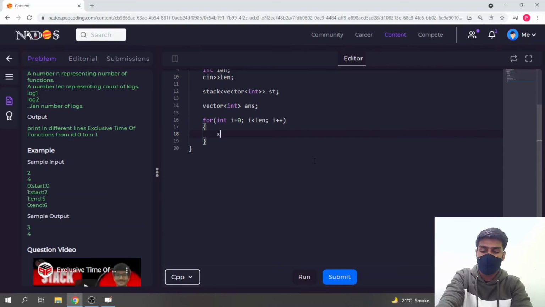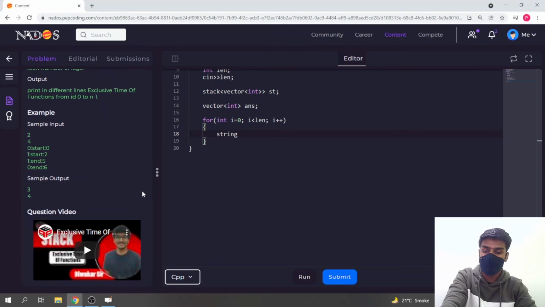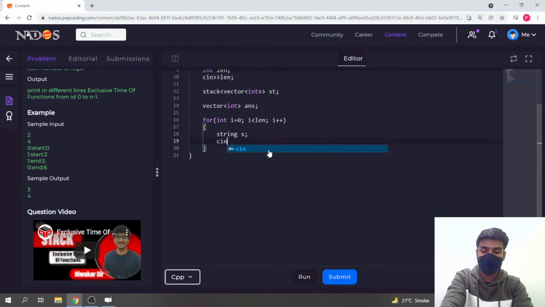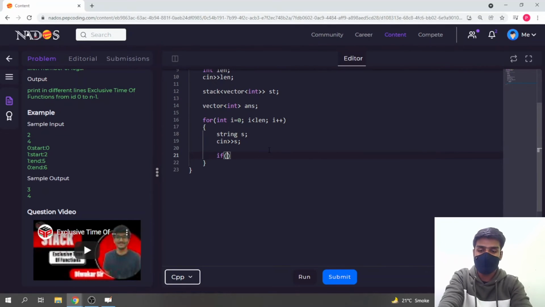Now I have to take a string, because the input we are taking here, like 0 colon start 0, is a string only. So we will take the input as a string, and then I will check some conditions.